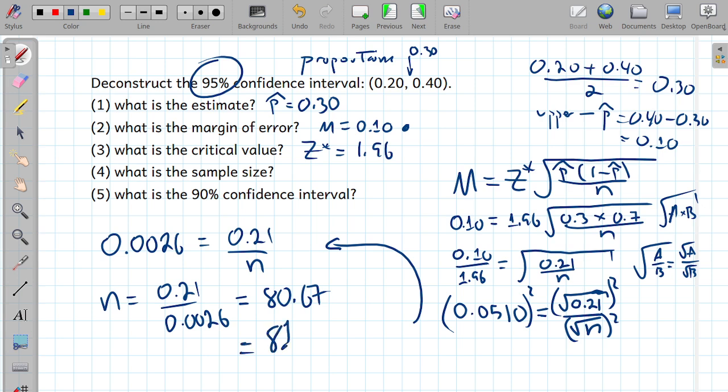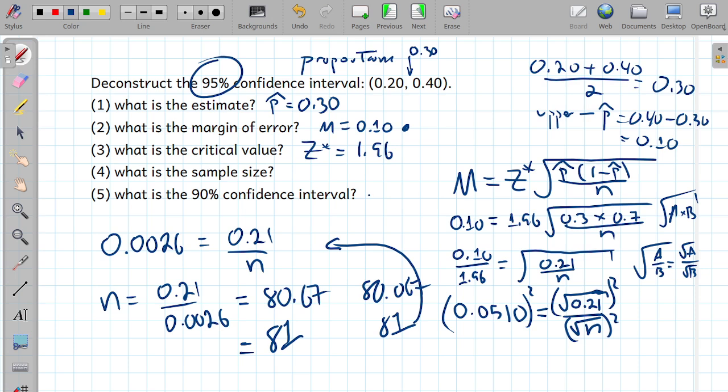So this sample size is 81. Even if this had been 80.067, it still would have been 81. So we always want to oversample whenever possible.